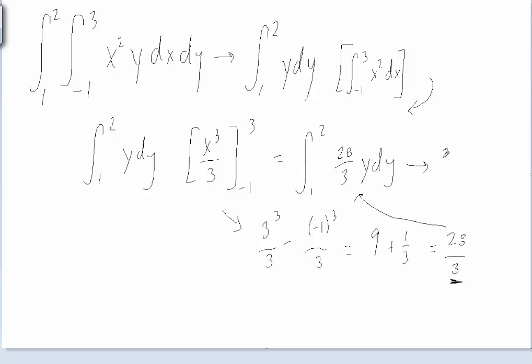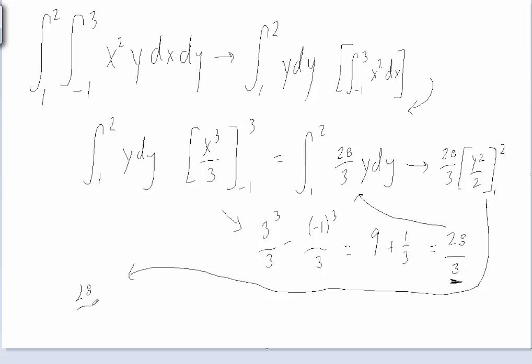which will give us 28/3 times y squared over 2, evaluated from 1 to 2. I'll take this back over here.